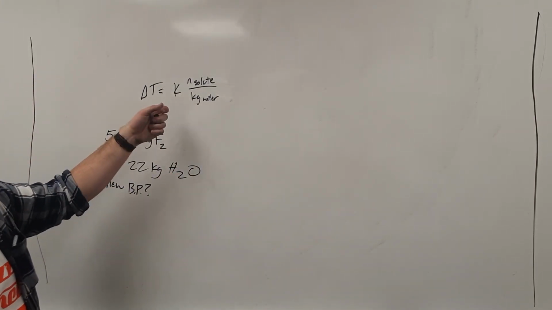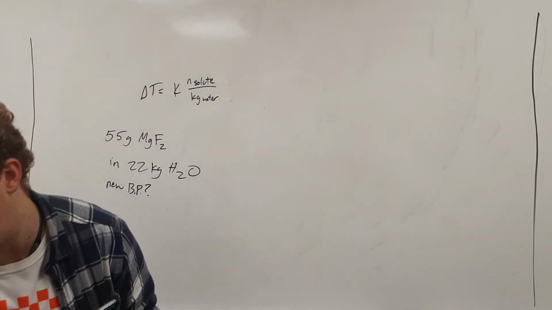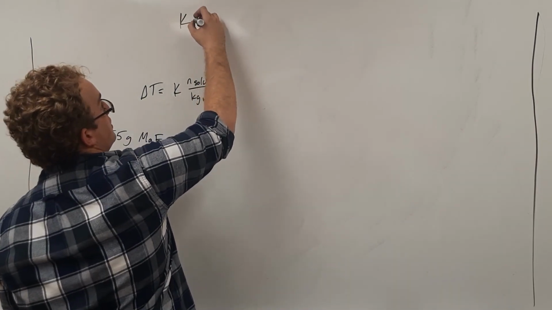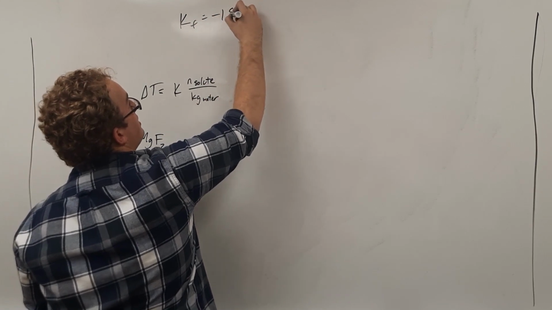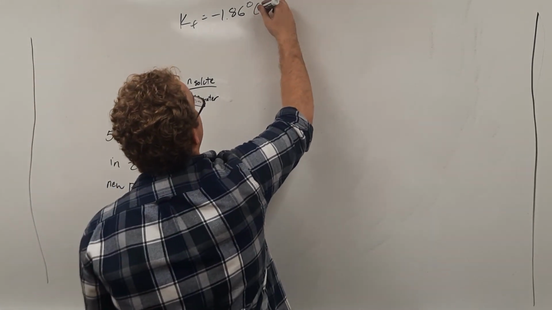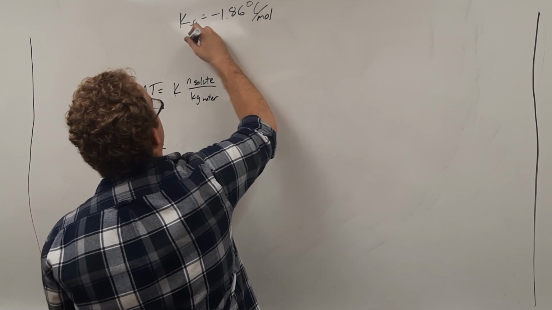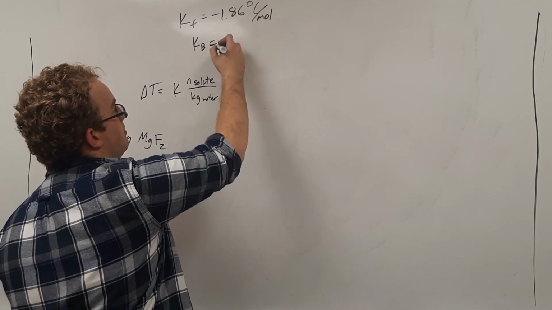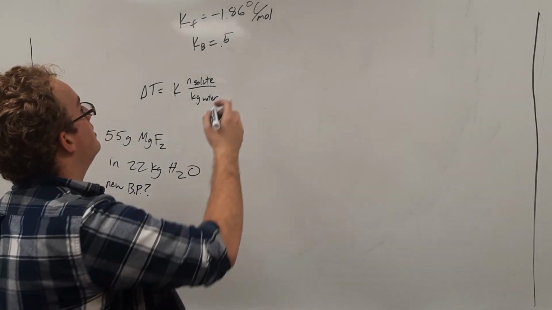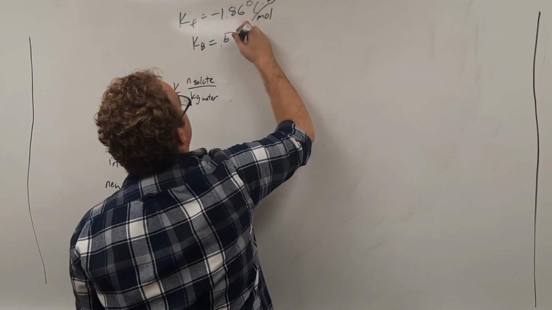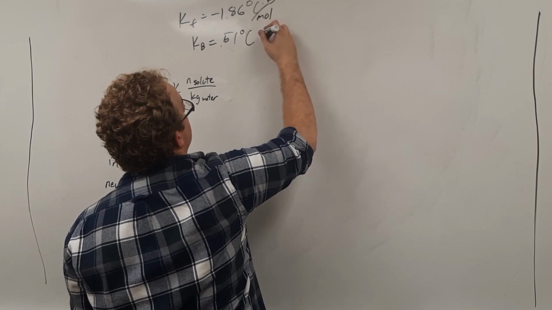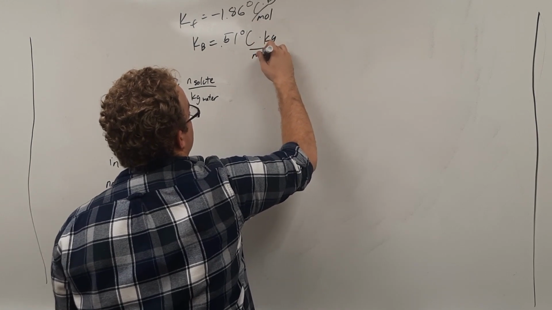For our K, we need to decide between two K values that are provided to you. There's K of freezing, which is negative 1.86 degrees Celsius per mole, and there's K of boiling, which is 0.51 on the equation sheet, in units of degrees Celsius times kilograms over moles.